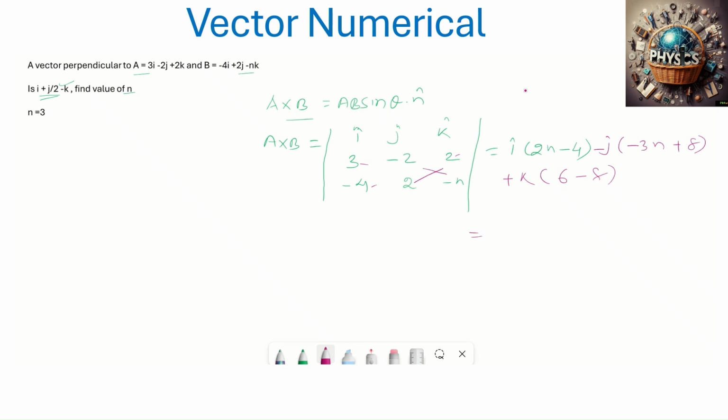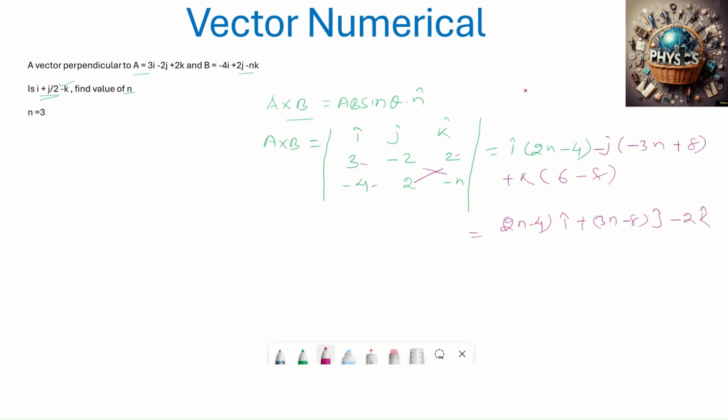So we get 2n minus 4 i cap plus 3n minus 8 j cap minus 2k.